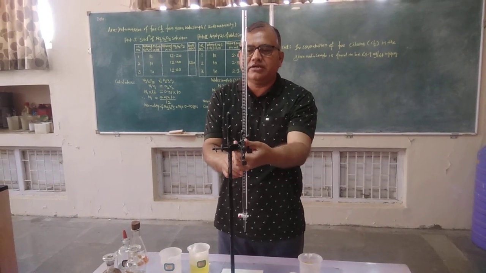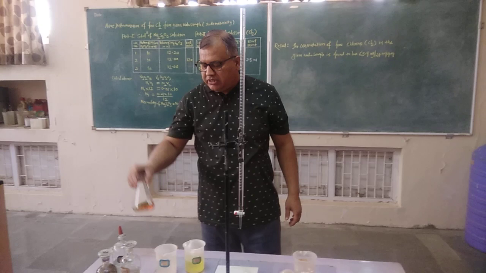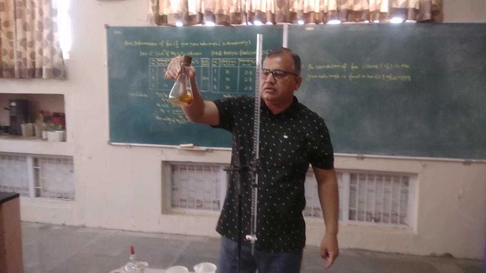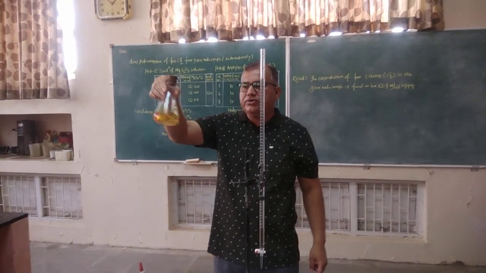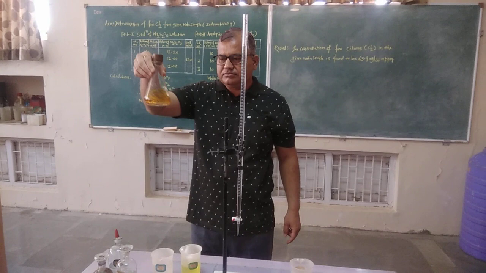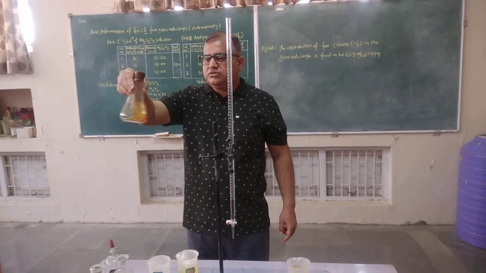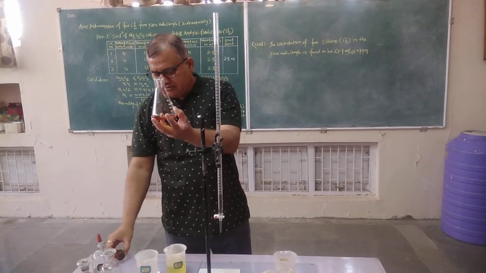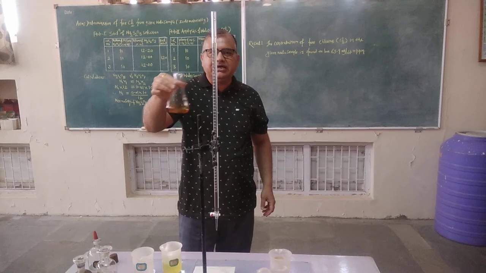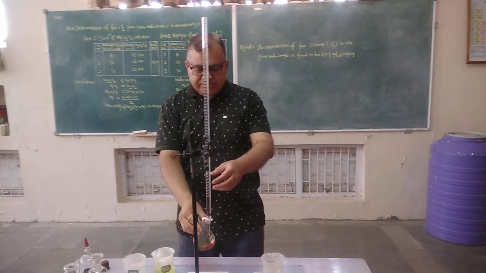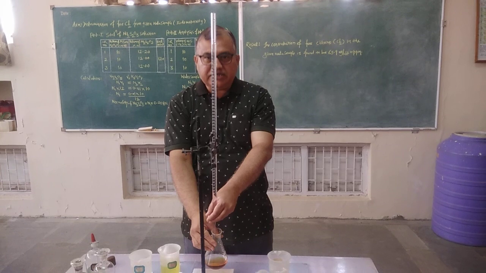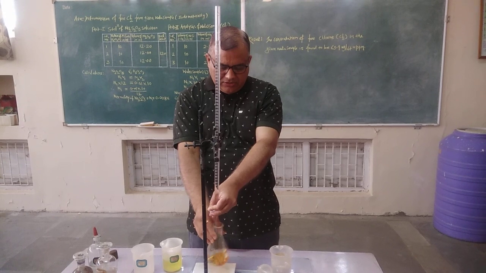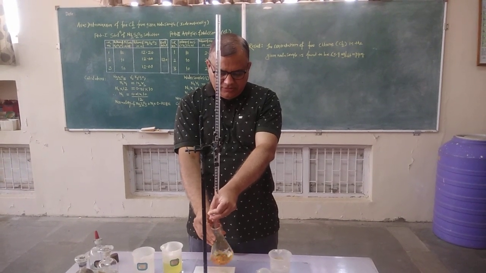This is ready for titration now. After 2 to 3 minutes, see, there is a generation of iodine in the conical flask. In this way, after 2 to 3 minutes, you remove this conical flask and go on titrating this solution against the Na2S2O3 solution and make it faint yellow.